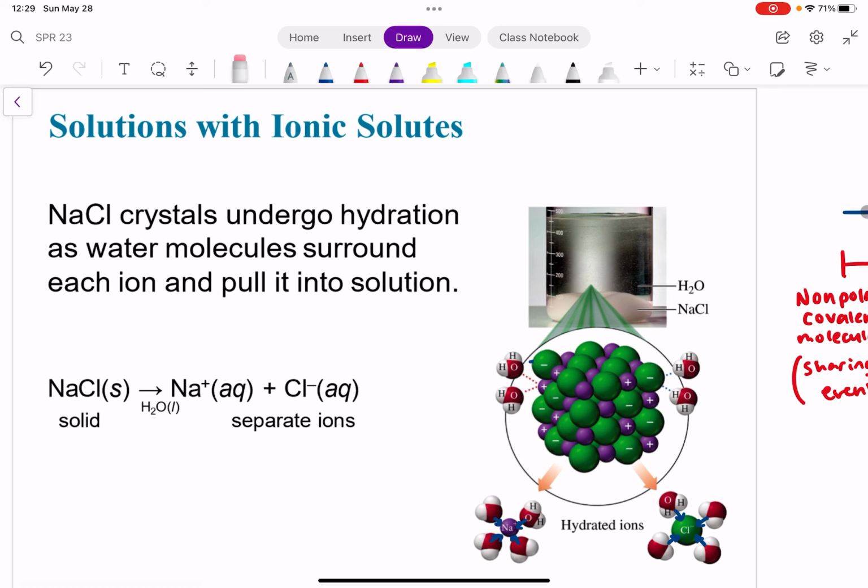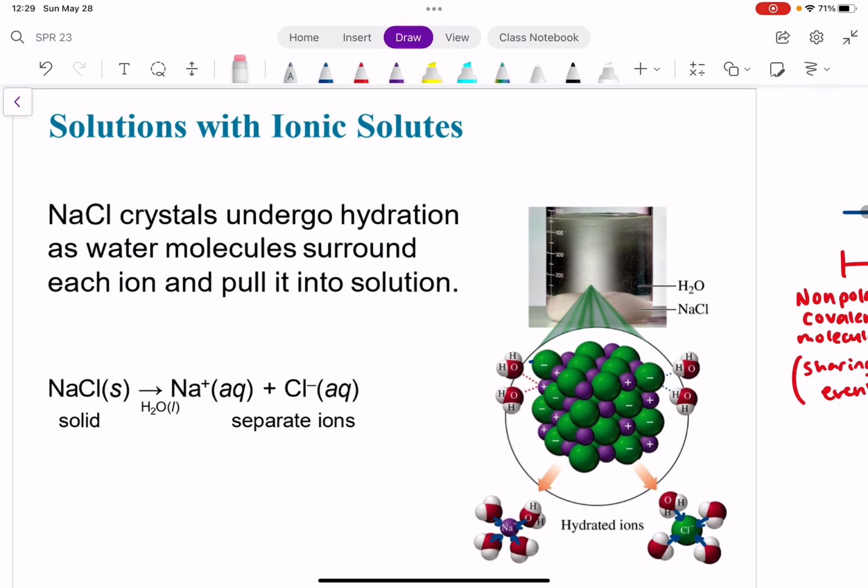In order to talk about ionic solutes, think about NaCl, table salt. We know from just our everyday life that it's really easy to make a saltwater solution. And the reason for that is actually chemistry, right?